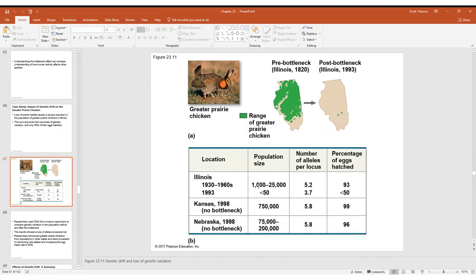Here you can see the population size. Back in history, population size was very small. Number of alleles per locus was very small then, and the percentage of eggs that hatched. Then in 1990, percent of eggs hatched was very low. But the Kansas population had no bottleneck, and the Nebraska population had no bottleneck.